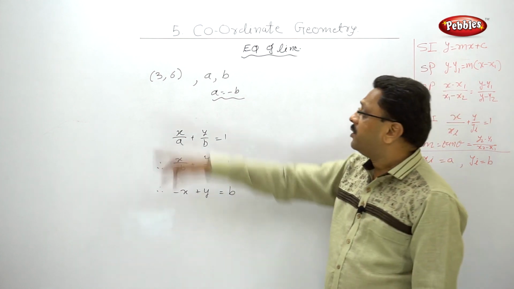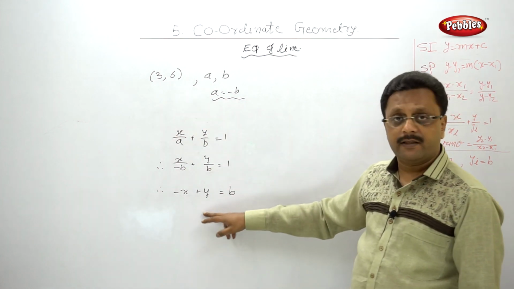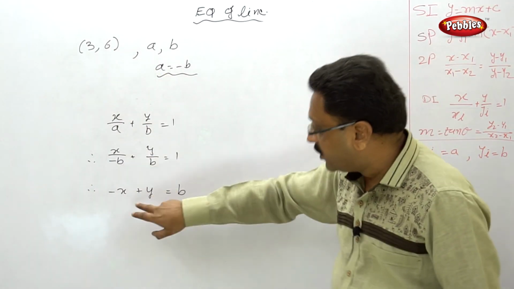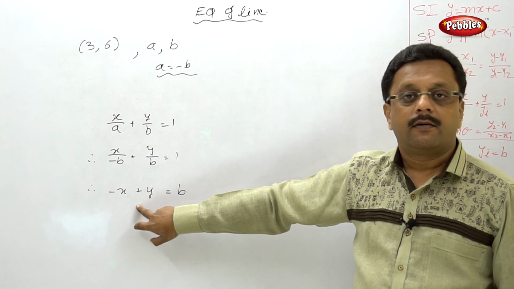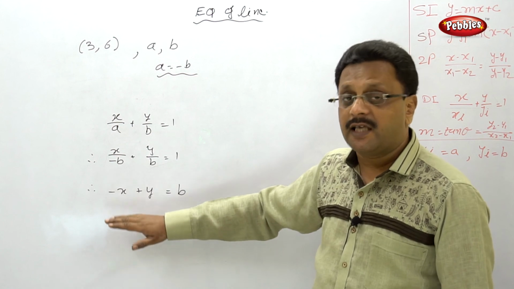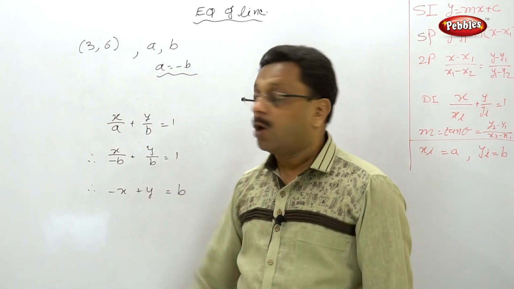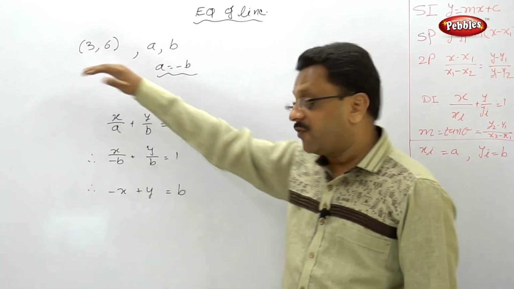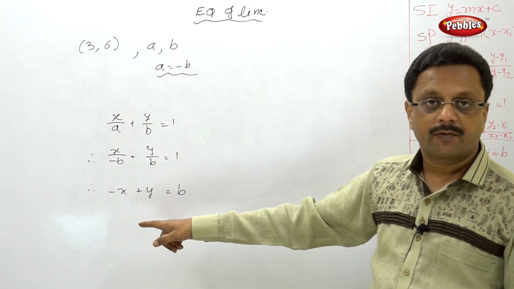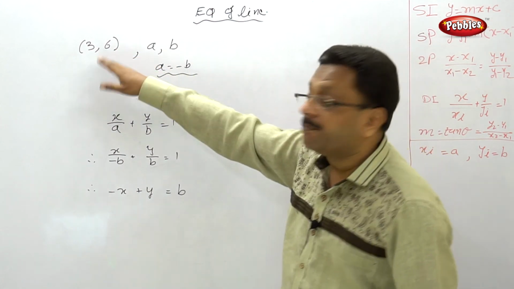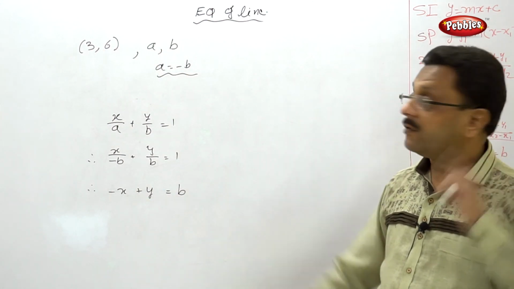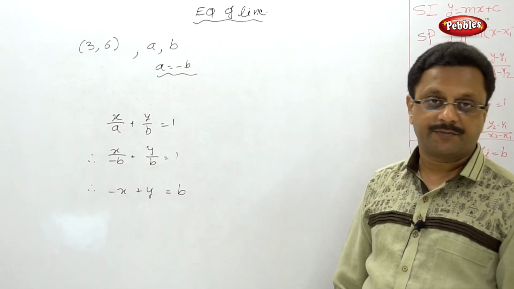If this point is on this line, this is the equation of line we got, then this equation must satisfy this point, if it lies on that line.